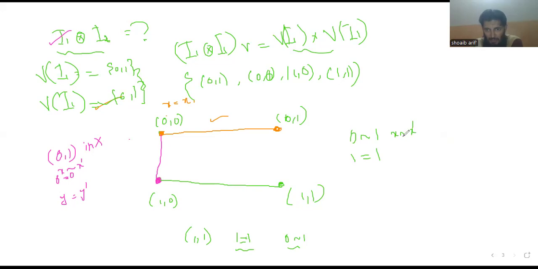There is an edge between x and x', and y equals y'. So there is an edge between these vertices. Let's check (0, 0) and (1, 1): edge in both coordinates, no edge, since neither condition holds. And let's check (1, 0) and (0, 1): edge in both coordinates, these two conditions do not hold, so there is no edge. So this is the box product of the two graphs I1 and I1.